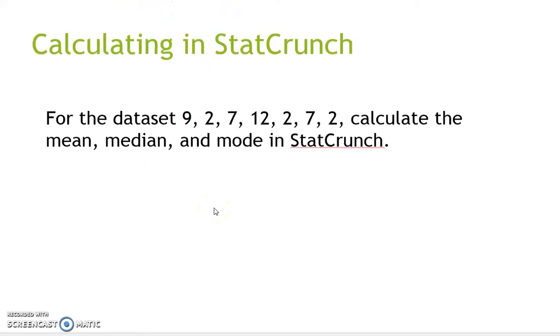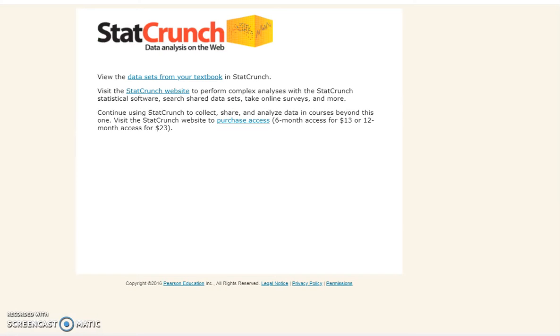Okay, next we want to talk about calculating in StatCrunch. In this course, you are not required to use calculators. Instead, we're going to be using one tool that is embedded in your MyStatLab. So we're going to use StatCrunch instead of a calculator. The way you get StatCrunch is very simple. Just go to MyStatLab, and on the left you should see StatCrunch.